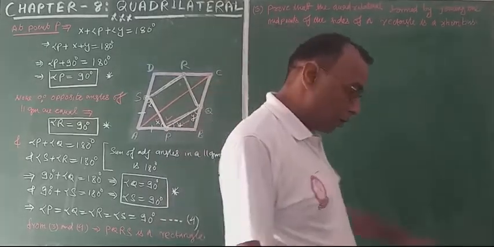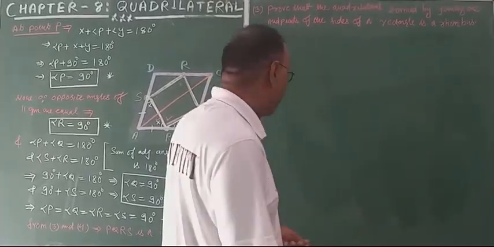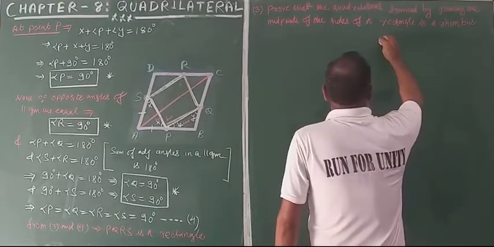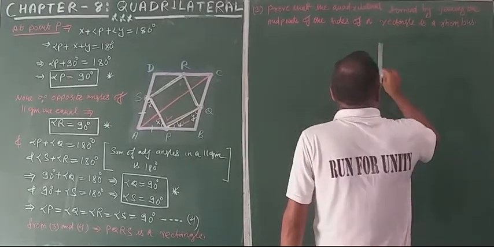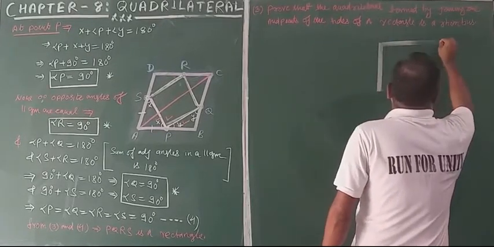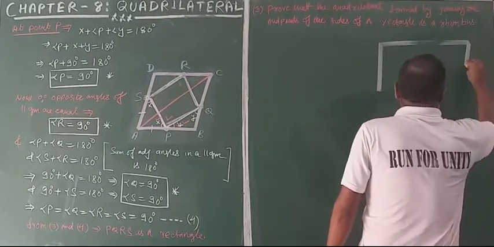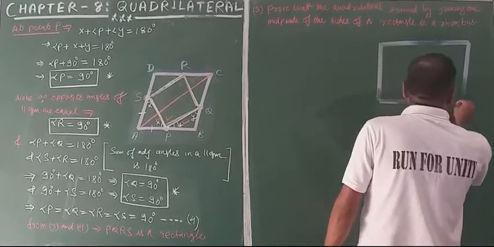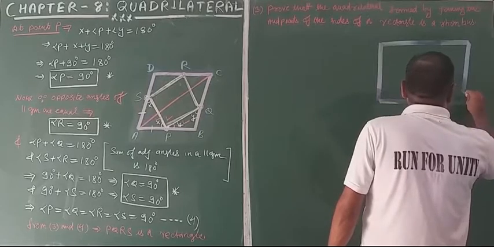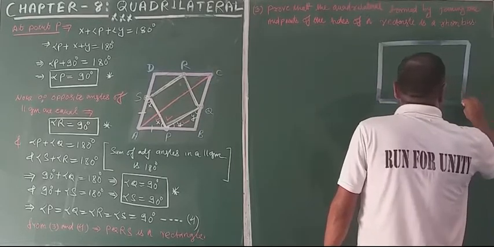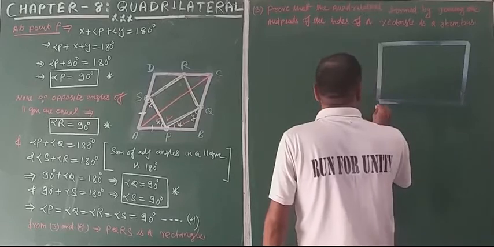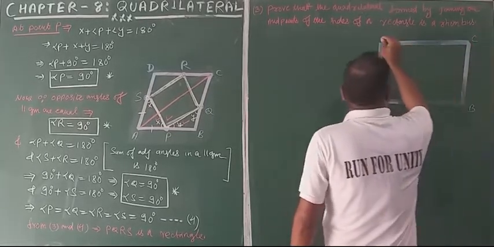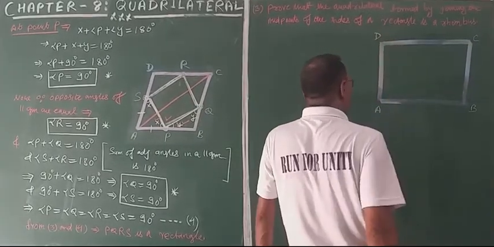Just the converse of question number 2. So suppose this is a rectangle ABCD.